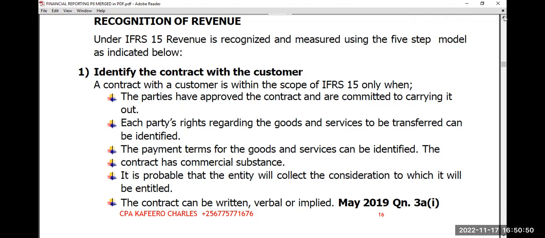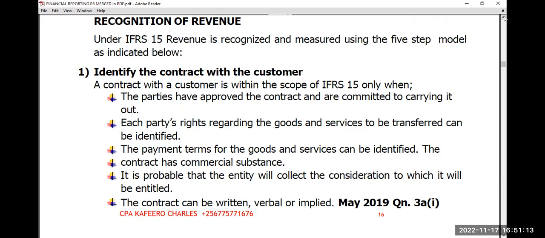Then the last one, as far as identifying the contract with the customer is concerned, as our first step in the model, we are saying that the contract can be written, verbal, or implied.